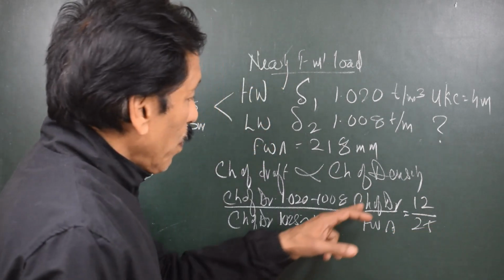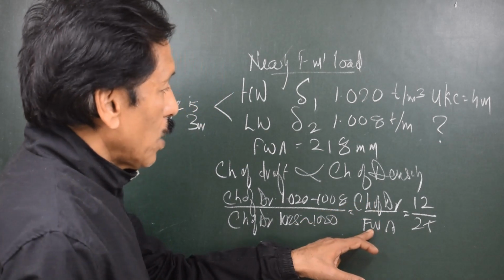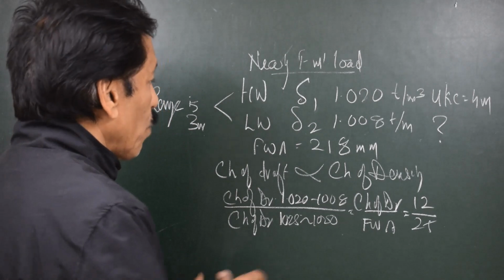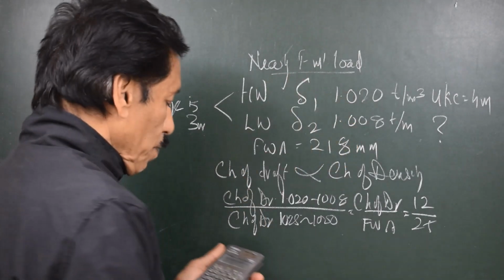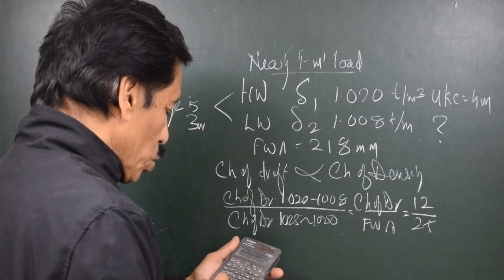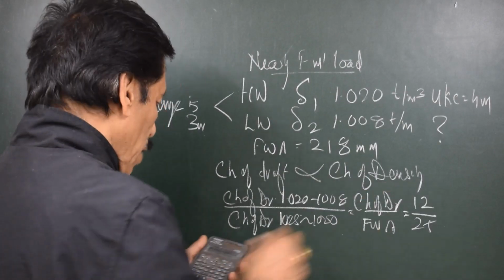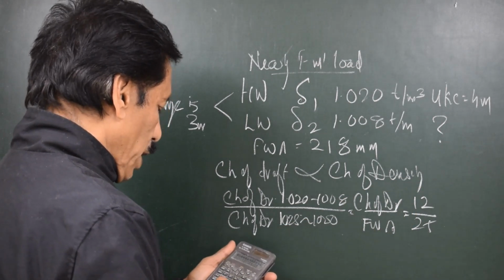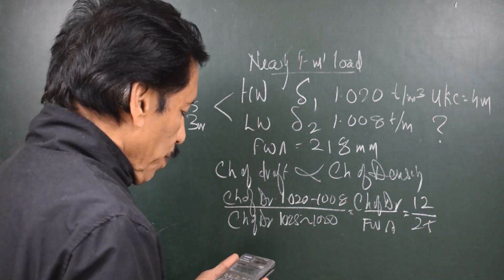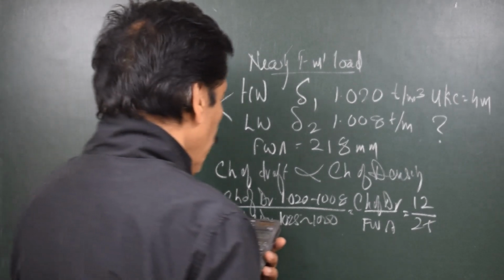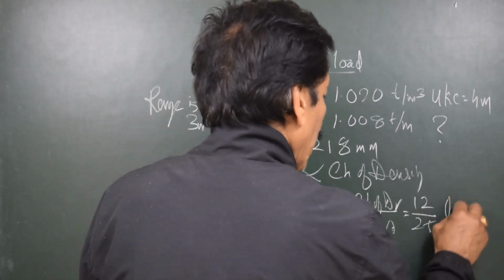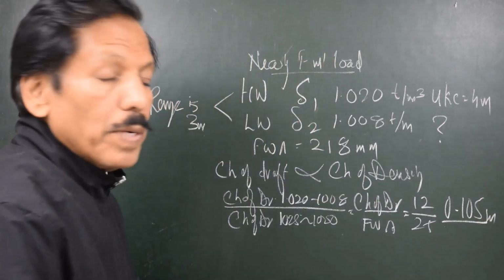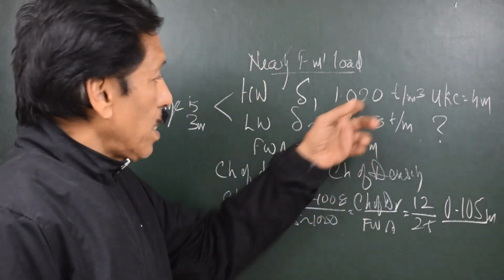We know the freshwater allowance as 218, so we can find the change of draft: 12 into 218 divided by 25, that means 0.105 meters. This is the change of draft when the ship goes from this density to this density.